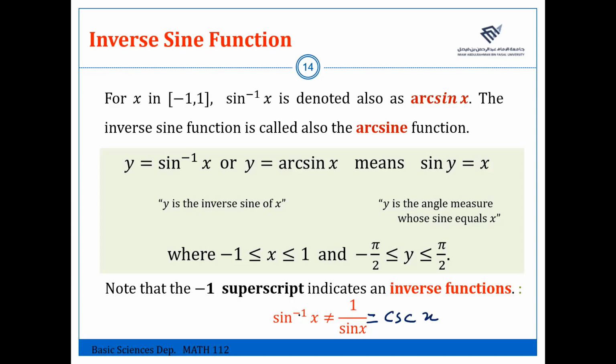It's not a power. It's not the reciprocal. This is the inverse function. These are two different functions. As we said, sec theta is different from cosine inverse theta. These are different quantities. Be careful. We saw how to calculate secant: we compute 1 over cosine. It's not cosine inverse. Don't use this function to evaluate secant.